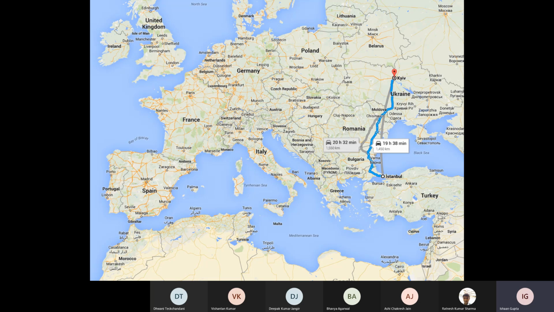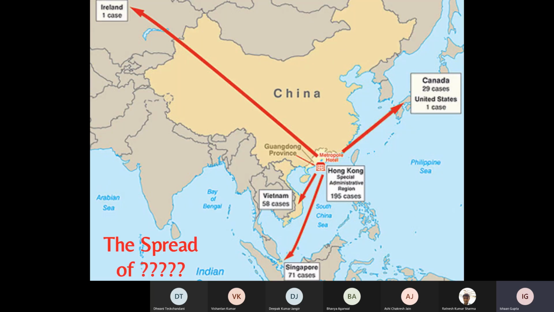So this is what happened in the case of SARS-CoV. The first cases were found in this Metropole hotel, and within a few weeks' time, this already crossed over to the Americas, to the US and Canada, and very soon it spread all over the world.